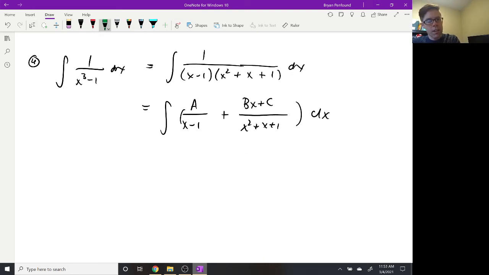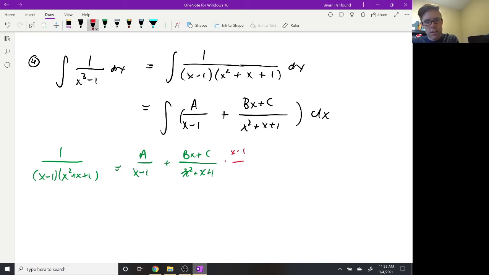So in green, I'm going to set up our partial fraction decomposition, and we're going to see what we get. All right, and then we have to multiply by the right stuff here. So let's multiply this back-end fraction by x minus 1 over x minus 1.